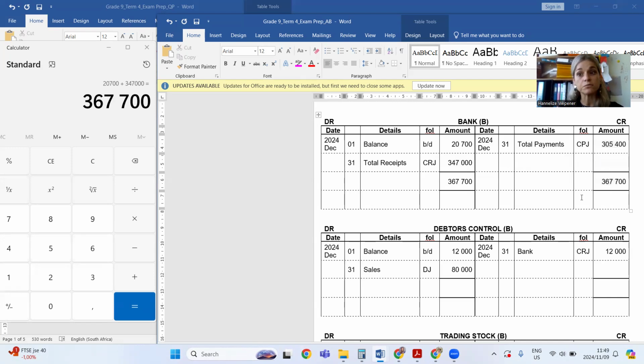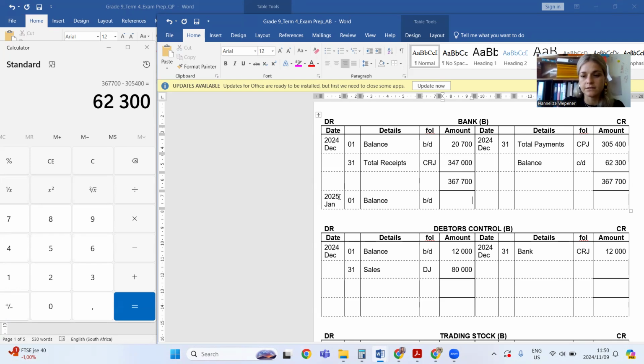So I need to make it total 367. I'm going to take that total and minus the amount that I currently have on the credit side, and write that difference in there. Now it is equal. That difference is my new balance, my balance carried down and my balance brought down in January 2025.